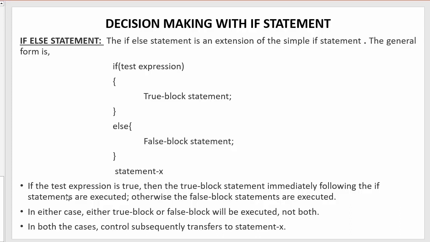That's what I have written in the form of points. If the test expression is true, then the true block statements immediately following the if statement are executed. Otherwise the false block statements are executed, which I have already explained. In either case, either the true block or the false block will get executed, not both.